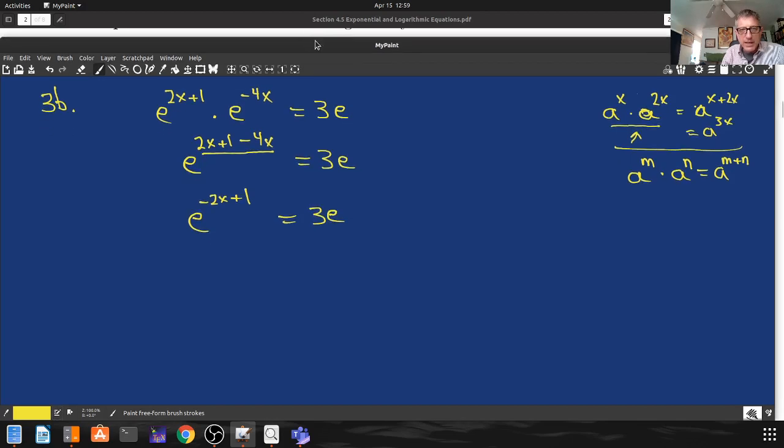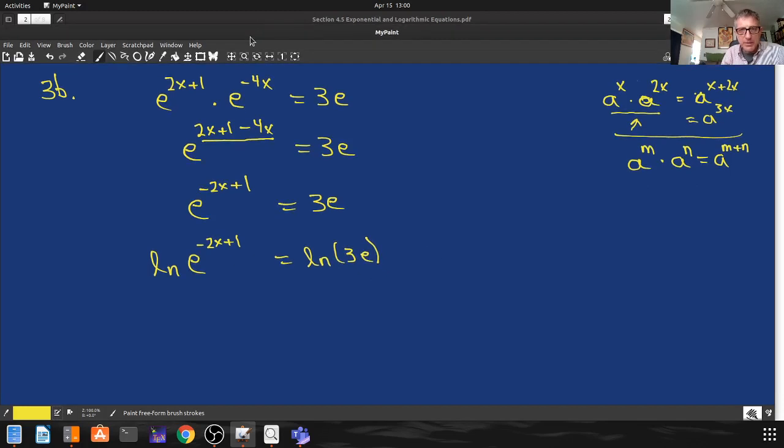Again, the key here is my base is e. So I'm going to take the natural log of e to the minus 2x plus 1, and then the natural log of 3 times e. And we'll use some properties here to simplify. Remember, another property that we have is log of a times b is equal to log a plus log b.